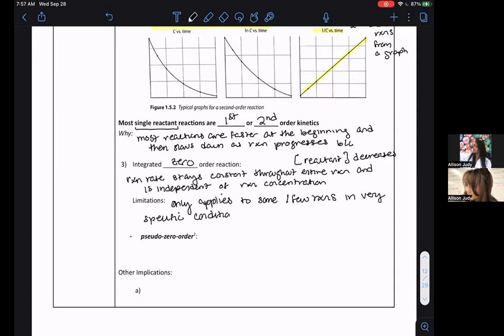This is just a very special category of reactions that display a very unique reaction order where, when we integrate it, we see that there's no relationship between concentration and the rate of the reaction.